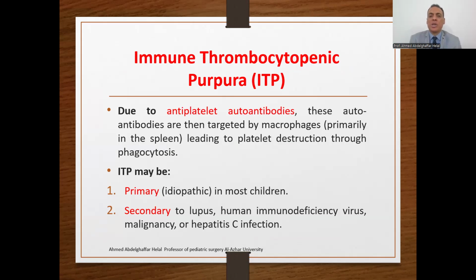These autoantibodies will be targeted and removed by the macrophages in the spleen, as we said, the red pulp macrophages. The attachment of the platelets to the antibodies forms opsonins. So these will be phagocytosed by the macrophages and destroyed. So there will be thrombocytopenia. It may be a primary or idiopathic condition in most children, or may sometimes be secondary to infection or malignancy.